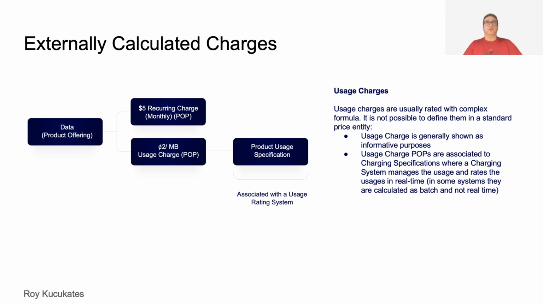Externally calculated charges are usually done by a charging system, like a 5% recurring charge, for example, for a data product, and you can say 2 cents per megabyte usage charge.